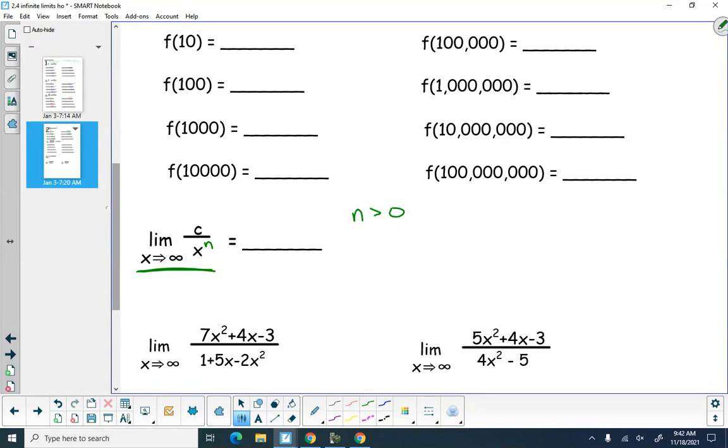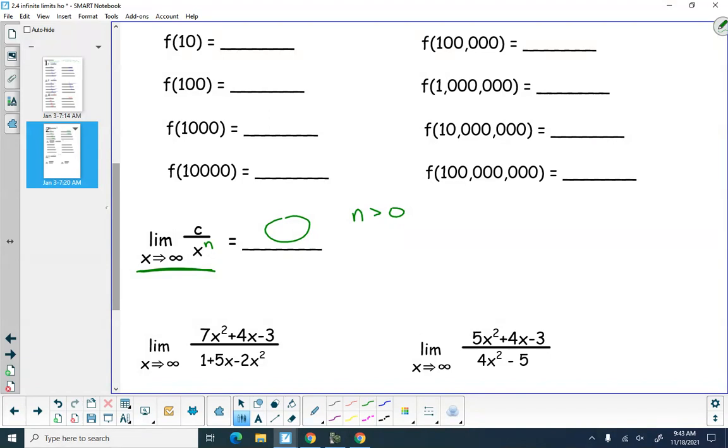So we can't have that. But if I have some constant over x to the nth power, this will always equal 0. If I have a constant and my number on the bottom just keeps getting bigger and bigger, this will go to a value of 0. It doesn't matter what the constant is. If it was negative 15, I would still get closer to 0.